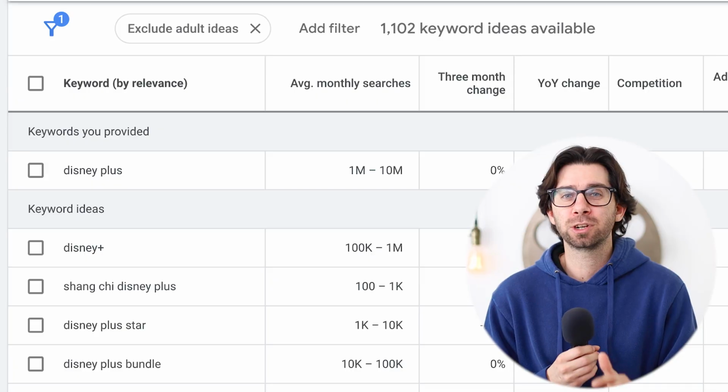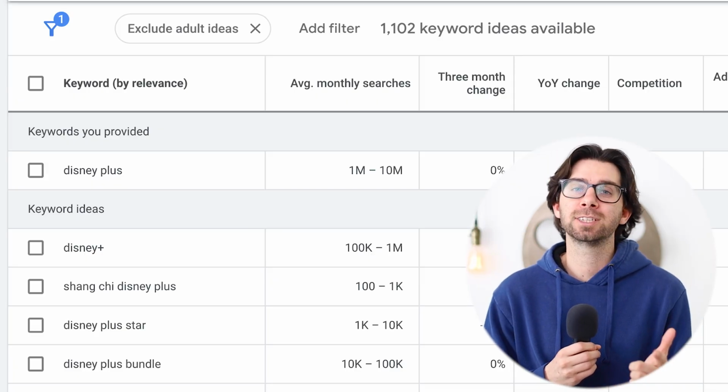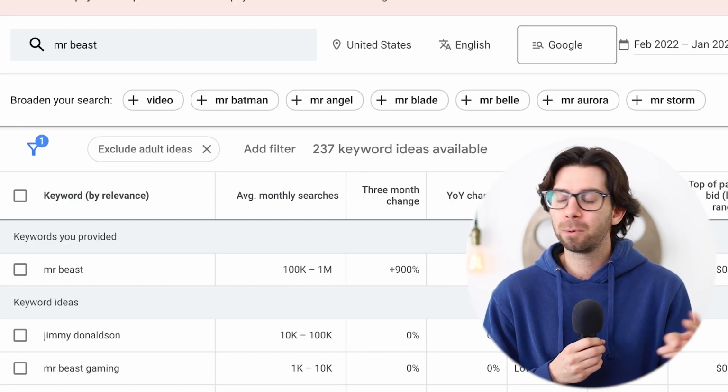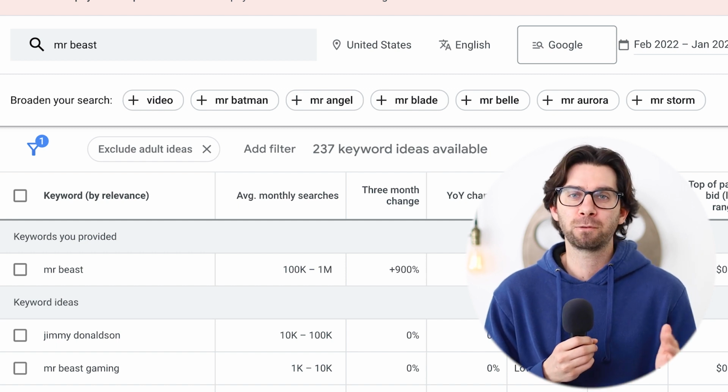Now, what those 2 things have in common is that people are constantly searching for this kind of content. People are constantly searching for Disney Plus content. People are constantly talking about and looking for Mr. Beast content. So talking about something that already has that search influx, that people are already interested in, definitely will help get your content out to a lot more people than it normally would.